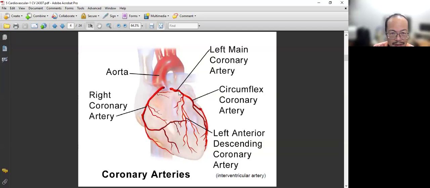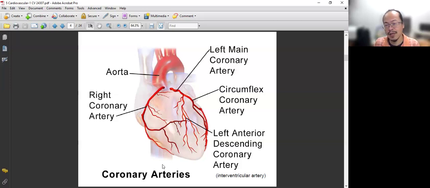This branch is called the coronary artery. So the coronary artery is the artery that nourishes the heart organ. That's a quick question you're going to see. It's important because coronary artery occlusion or coronary artery disease is the primary cause of heart failure or heart disease.